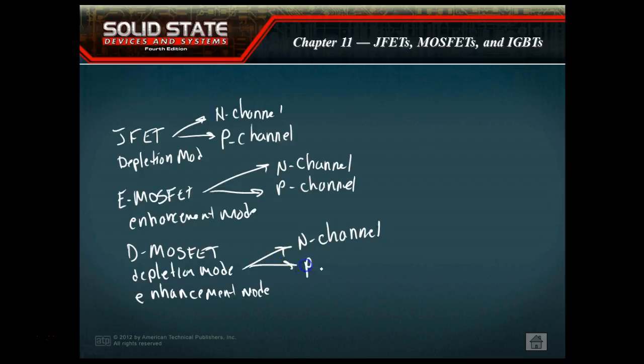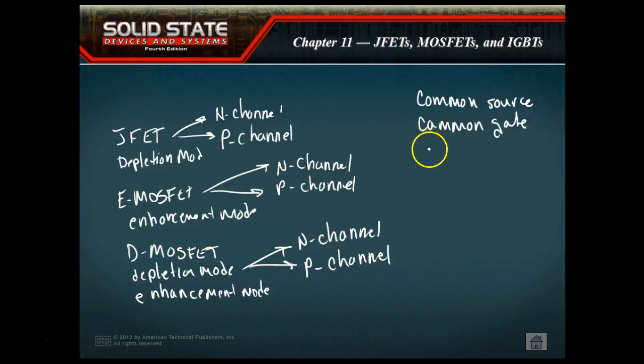And we have a P channel. We hook them up in basically the same arrangements that we hook up our bipolar transistors. So we can hook them up common source. We can hook them up common gate. And we can hook them up common drain.